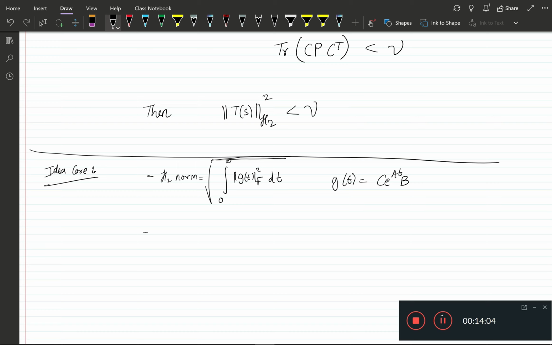Now we can imagine that if we substitute for G this quantity, we will get back something like C controllability gramian C transposed, and this we get because the controllability gramian is defined like this.